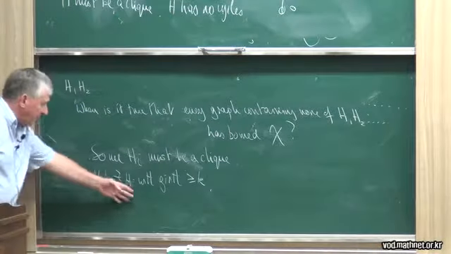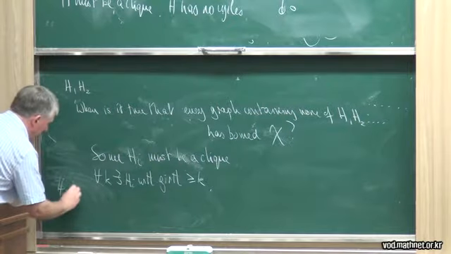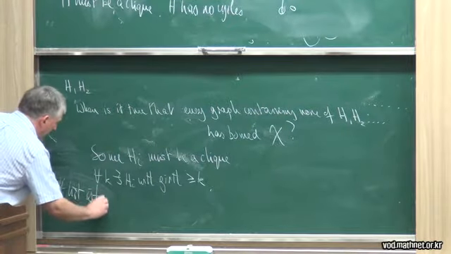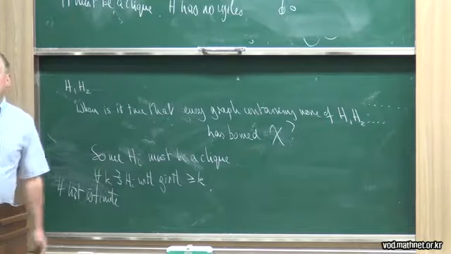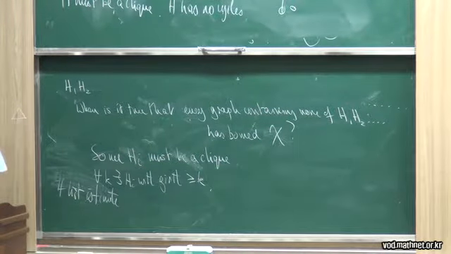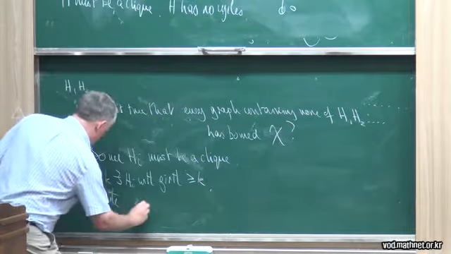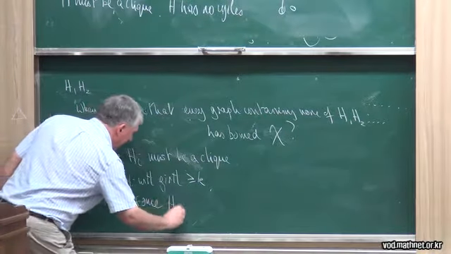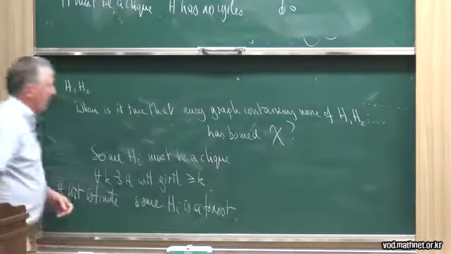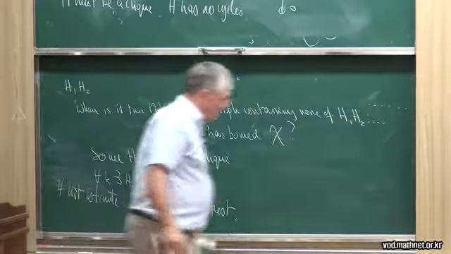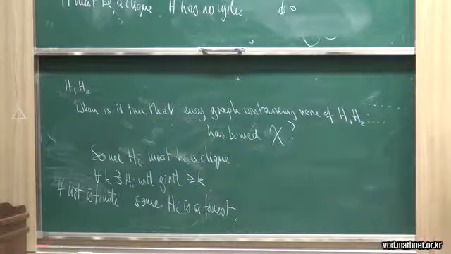Now, if the list is finite, how can this be true? I mean, you could be a forest. Then you don't have any cycles. You have girth, anything I want. So some H_i is a forest. So one of the H_i's has to be a clique, and one of them has to be a forest.